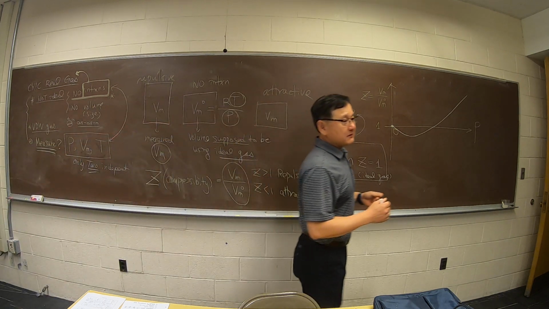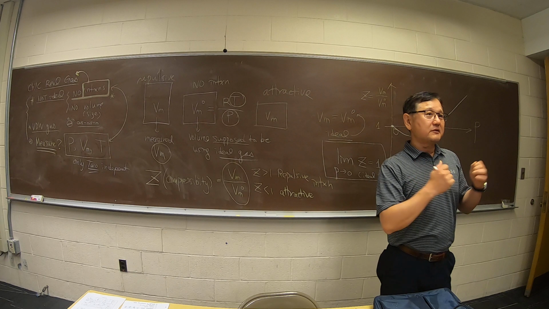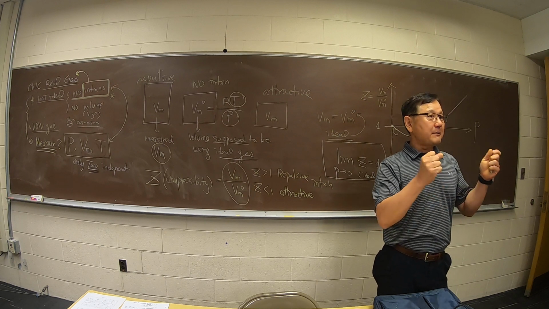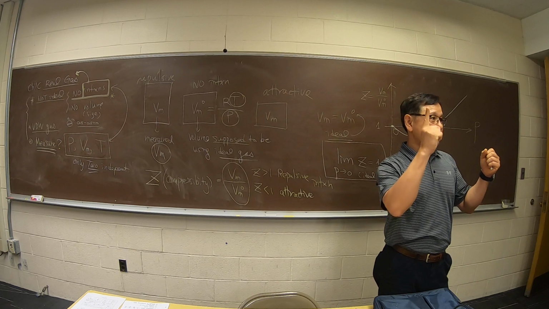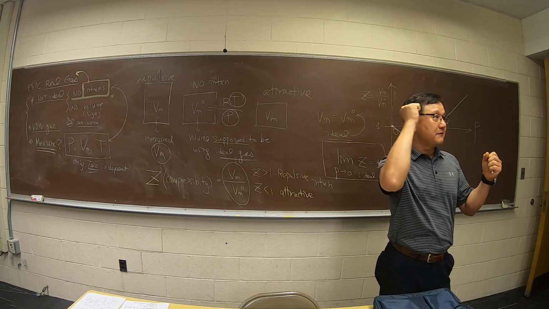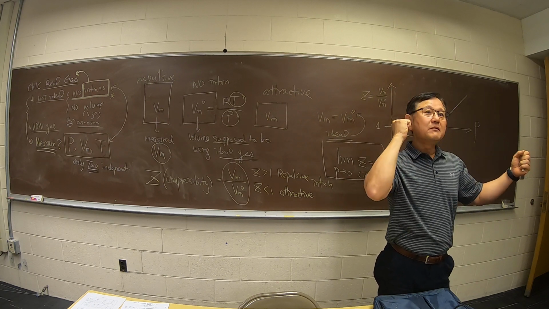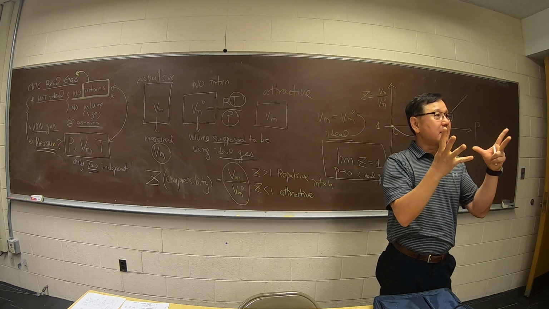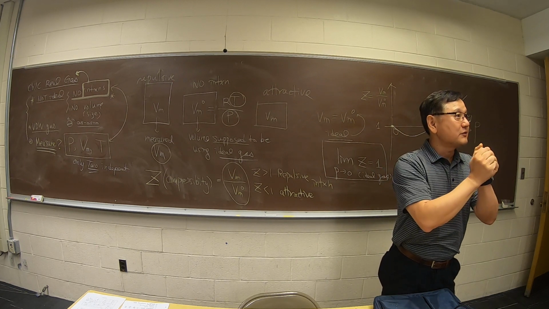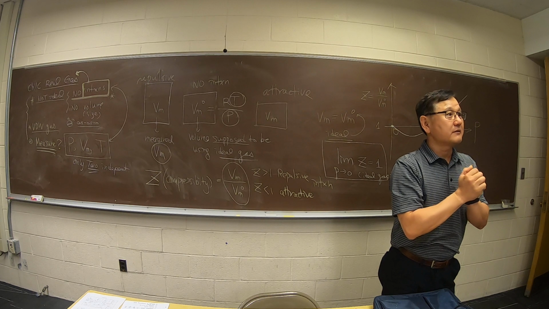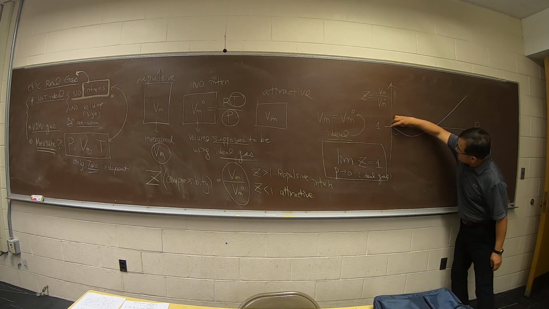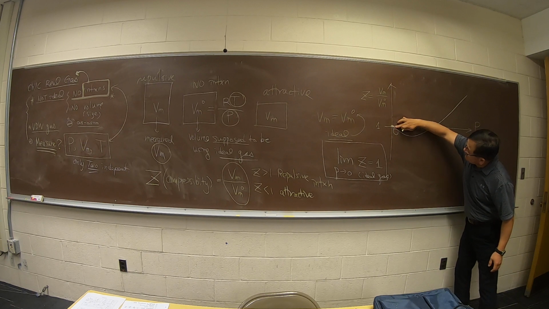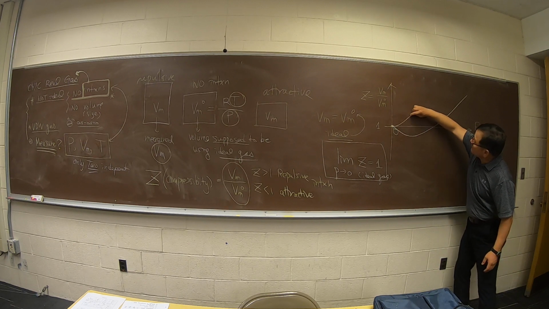But think about, we talked about the temperature, right? Temperature is a kinetic energy of the gas. If you bring the temperature up and up, they move really fast. If they are moving fast, they don't have enough time to hold together and experience attractive interaction. It's like this, and then they just go.